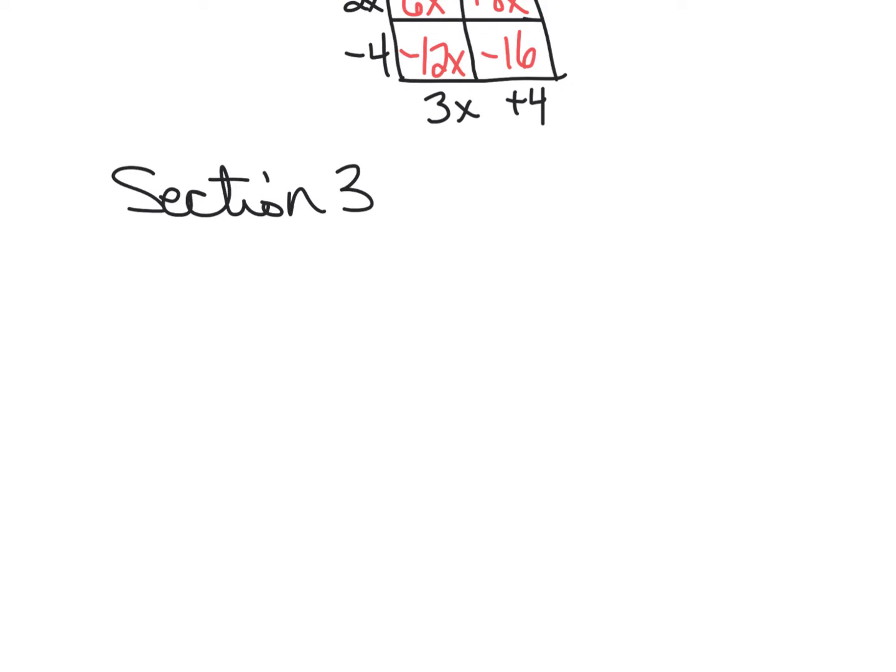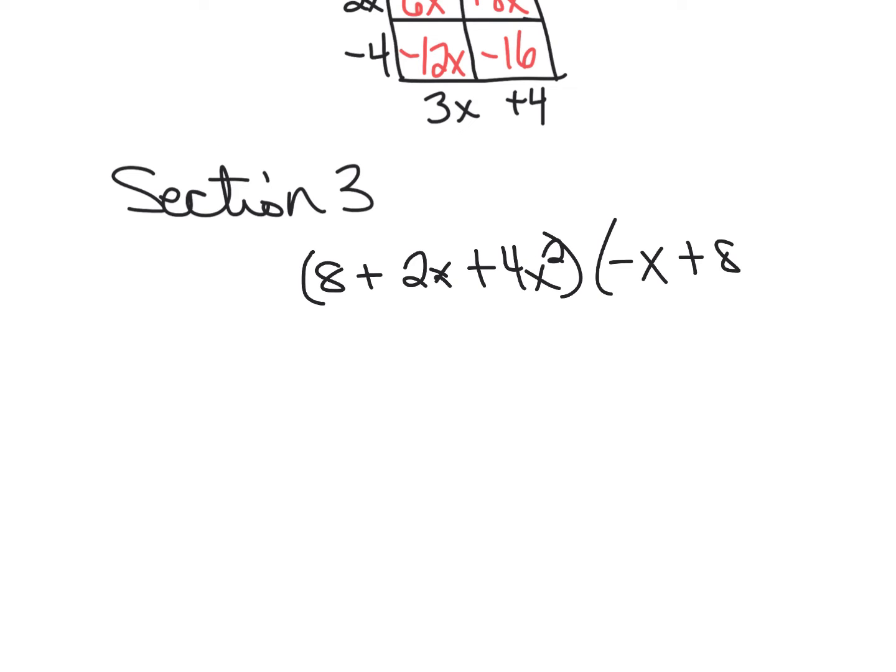binomials. So let's say you have 8 plus 2x plus 4x squared times negative x plus 8. The first thing that this asks you to do is to tell you how many rows and how many columns.